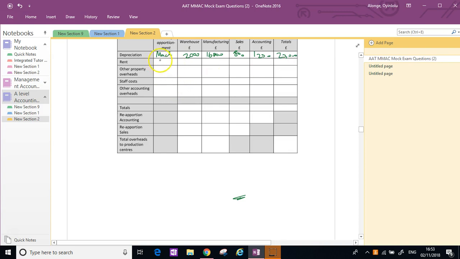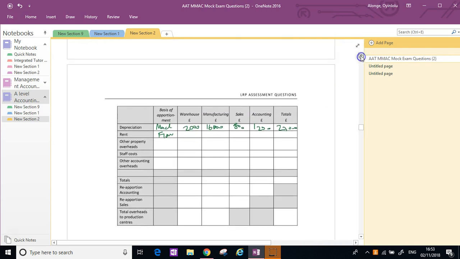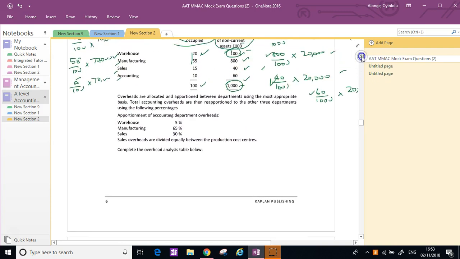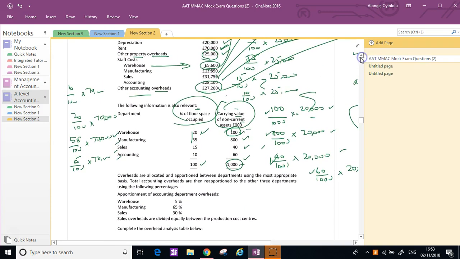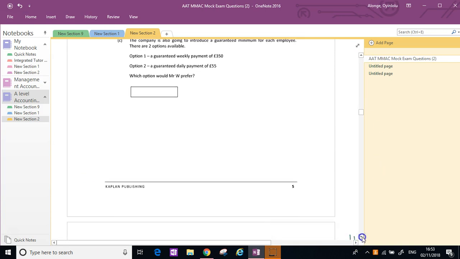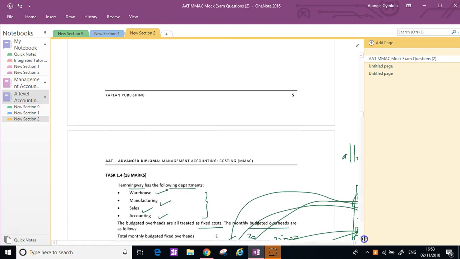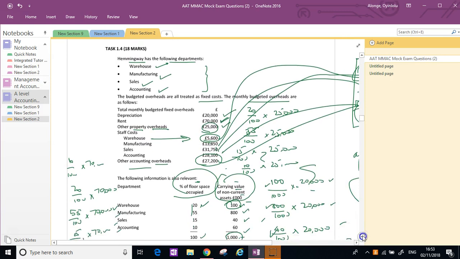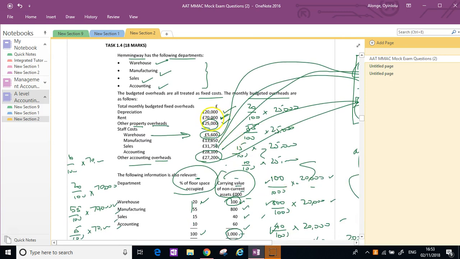With rent, I said I was going to use floor space, and I literally just multiply and do what I've just done there. If I come back to rent, remember I split up rent. So rent 70,000, I split it up.